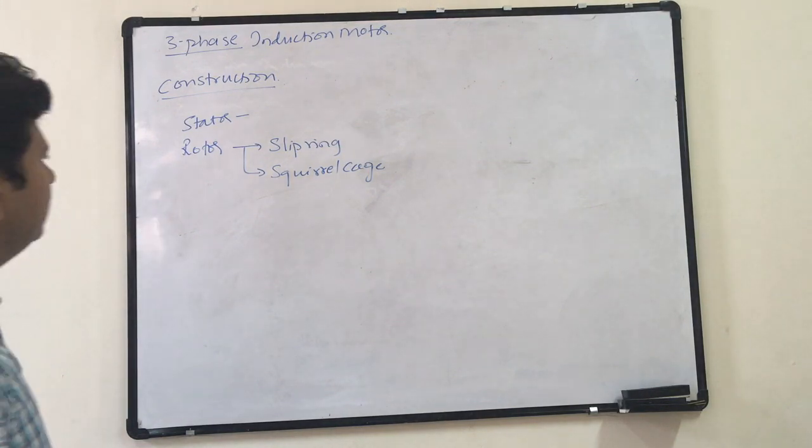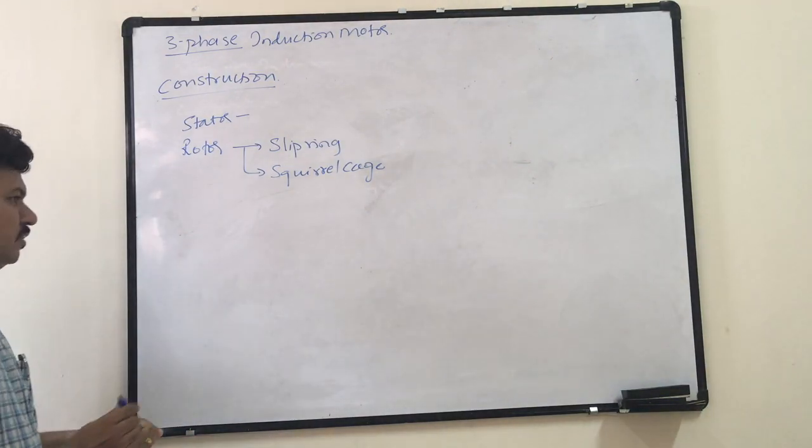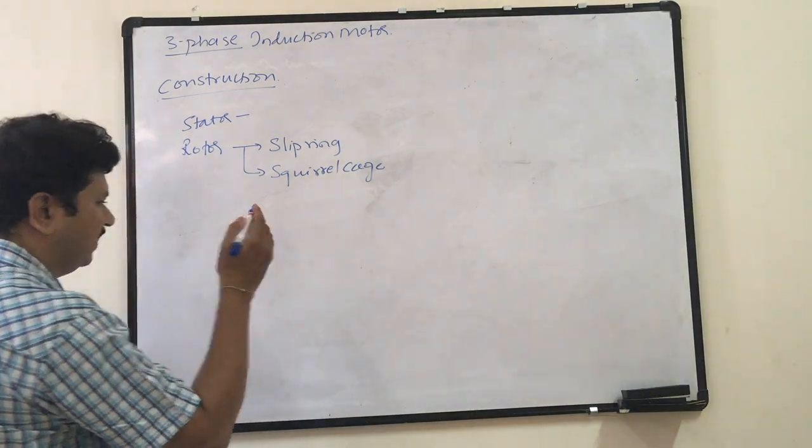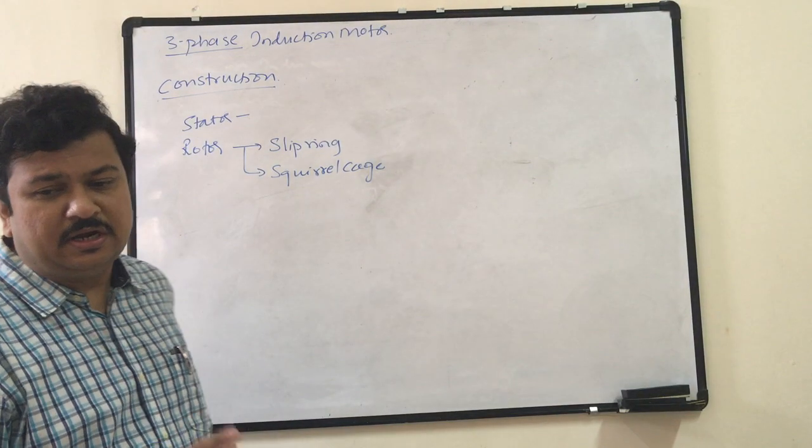We have also seen the principle with which the motor operates. The fundamental operation of a motor is that whenever a current carrying conductor is placed in a magnetic field, a force is produced in the conductor.